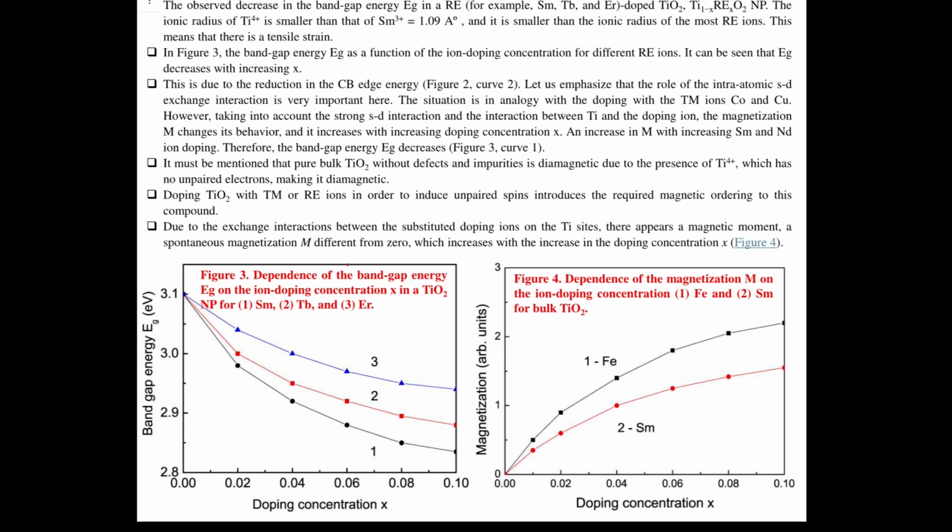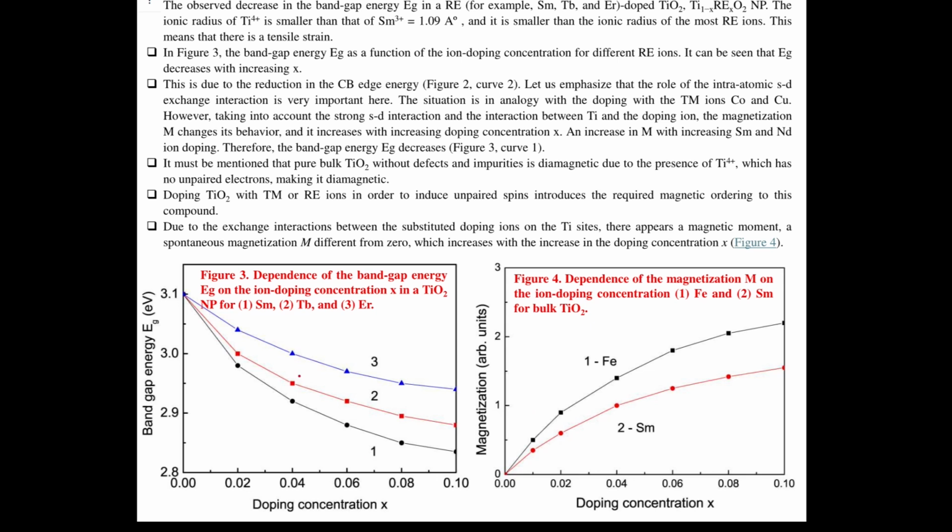Now here, one more example: when the TiO2 photocatalysts were doped with some rare earth elements, the band gap energy is also reduced, it is coming down.